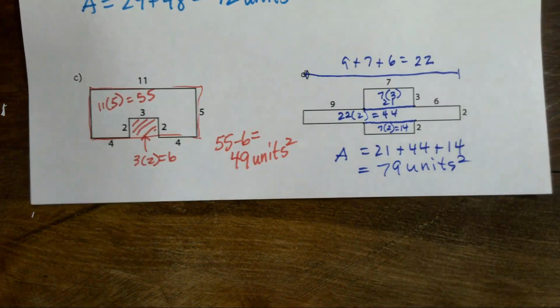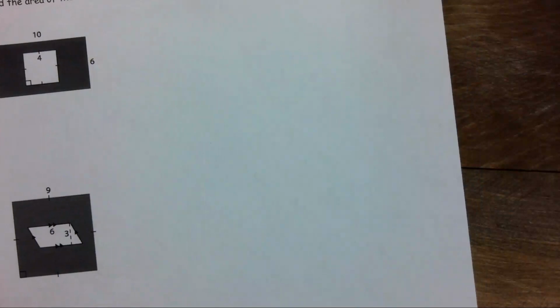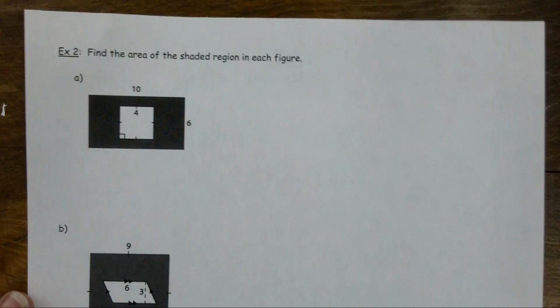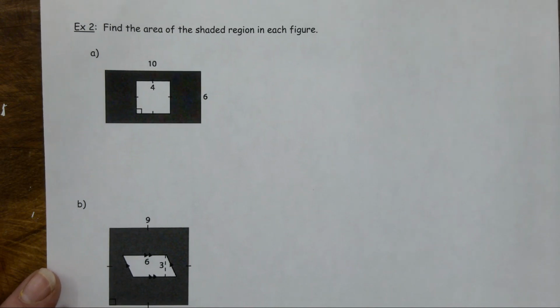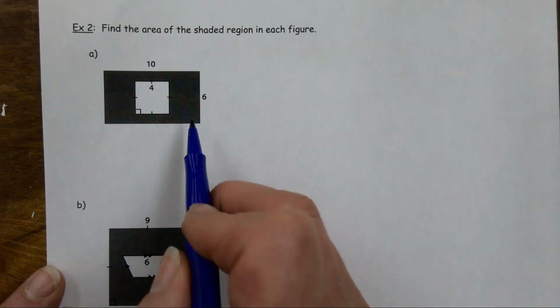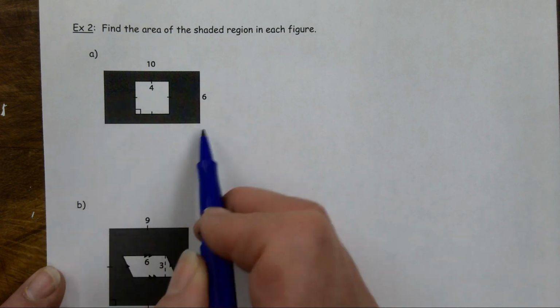Okay. So let's do some other ones where we're actually going to be subtracting. These are our last of it. Find the areas of the shaded region. So again, these are going to be multiple steps.